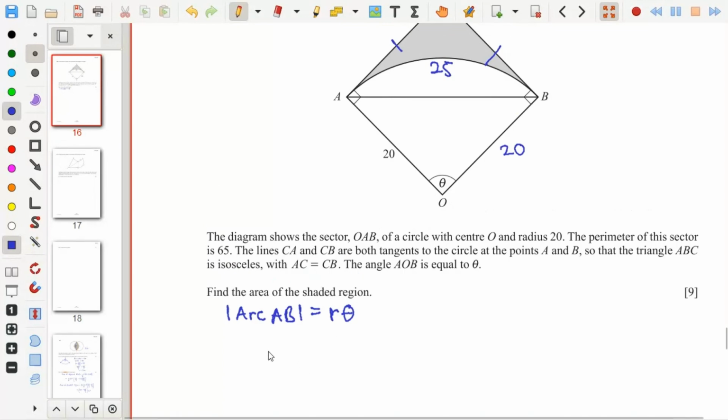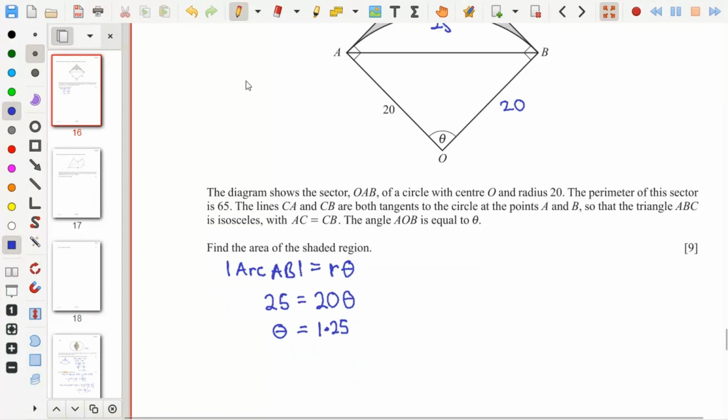We also know the length of the arc AB is 25. The radius is 20. So theta is 25 on 20, which is the same as 1.25, or 5 on 4. Radians. So this should give you your first mark.